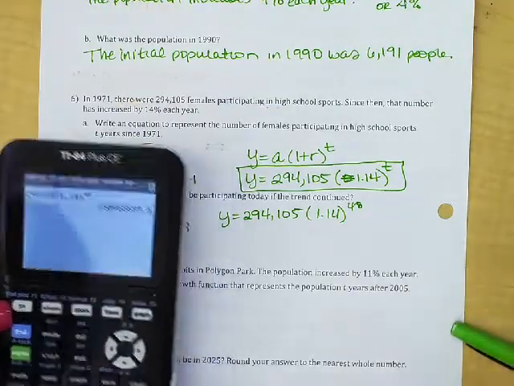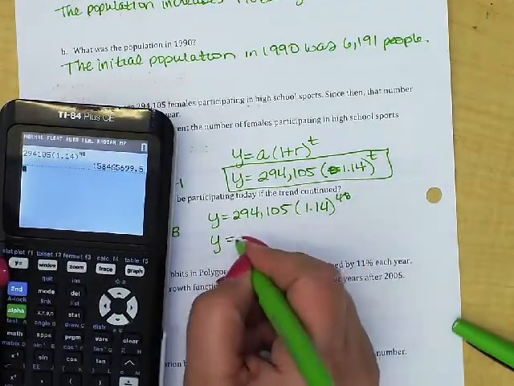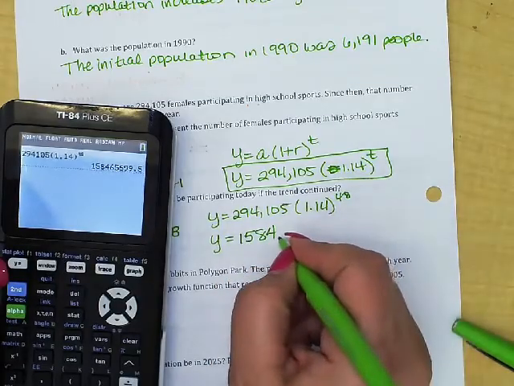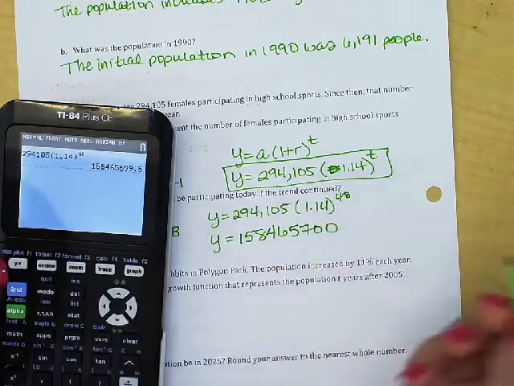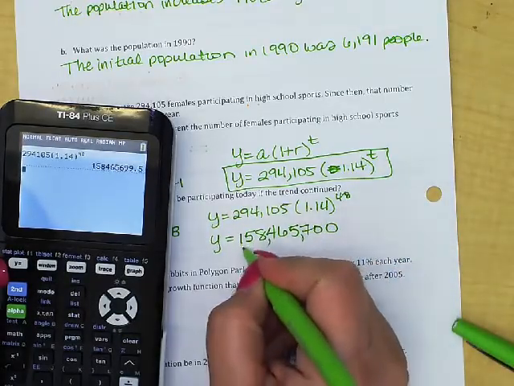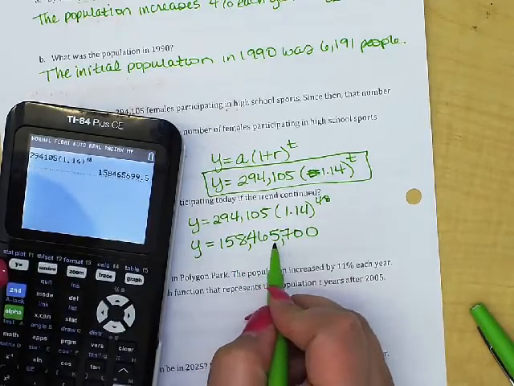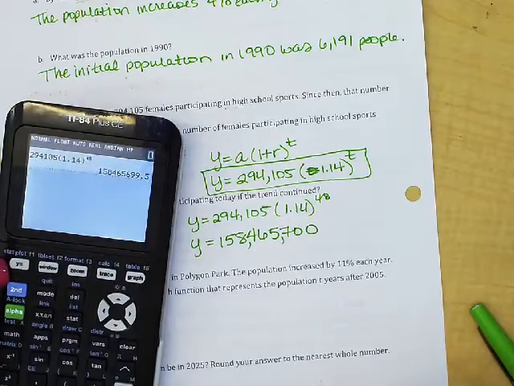So we're looking at about 1.5. Let's write it down first and then I'll figure out how to read it. Okay, so about 158,465,700 female athletes.